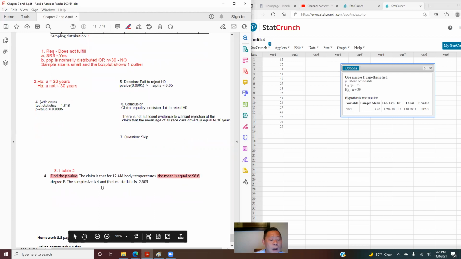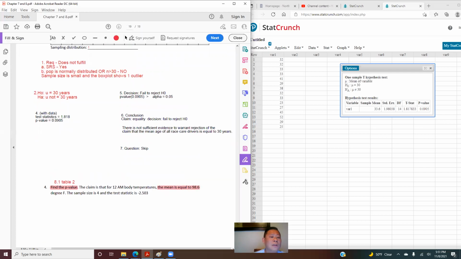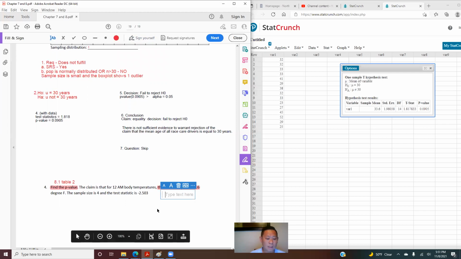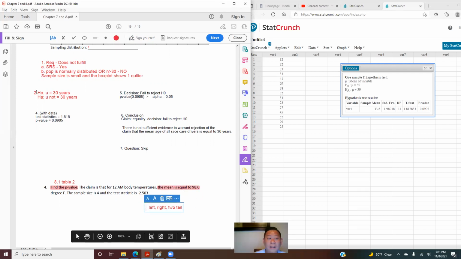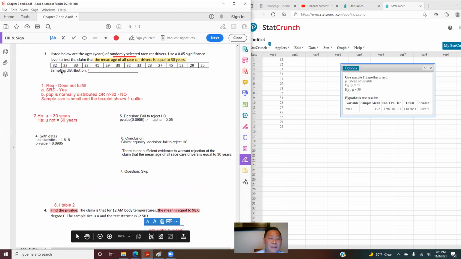Okay. So can someone tell me, is this a one-tail test, a left tail, a right tail, or a two-tail test? I think the two-tail test. Equal is very similar to number 3 here, right?